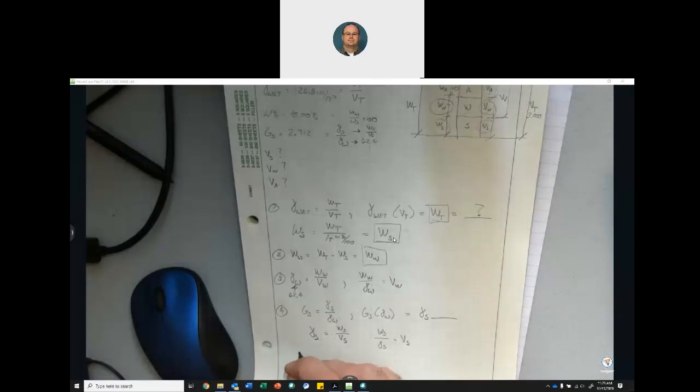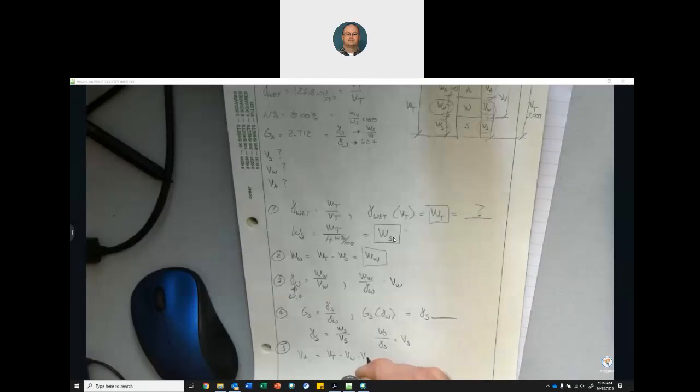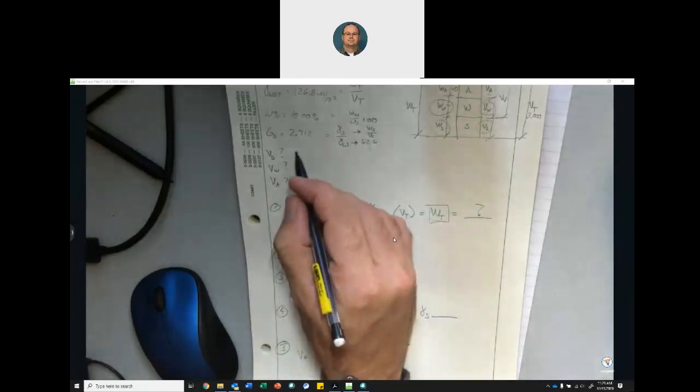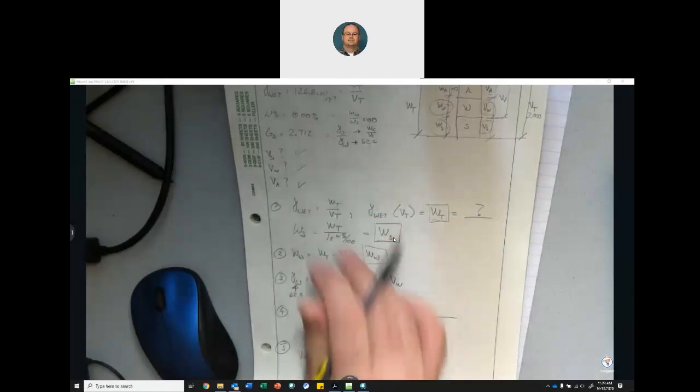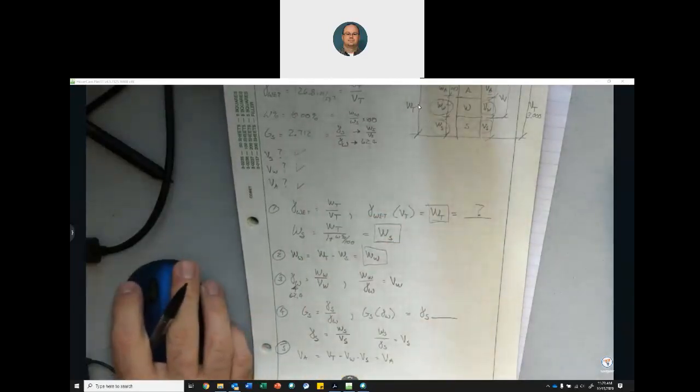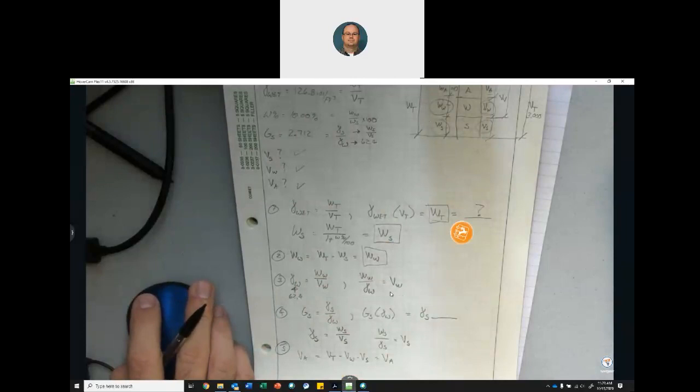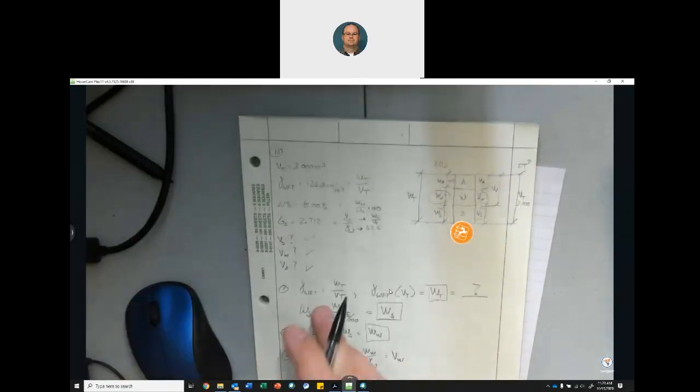So now we can figure out our volume of air, which equals total volume minus volume of water minus volume of solids. So, boom, boom, boom. We just solved that problem. Okay, so that's number 12.